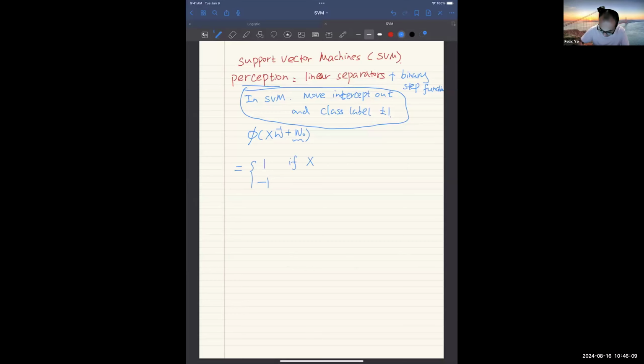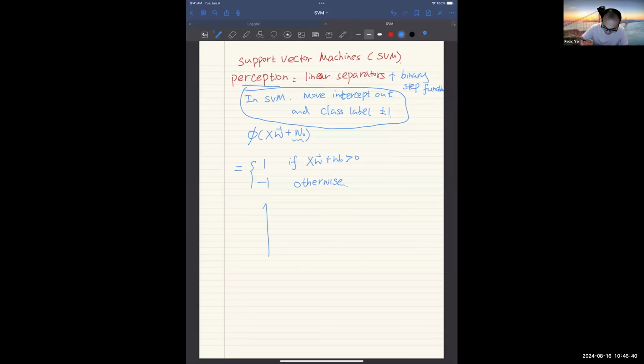If w x plus w0 is bigger than 0, it's class 1; if not, it is classified as -1. So you can think of this as a linear separator, and only the sign of it matters when we make predictions.